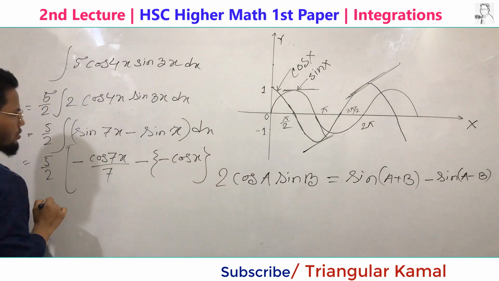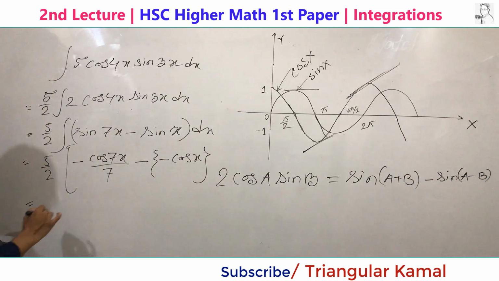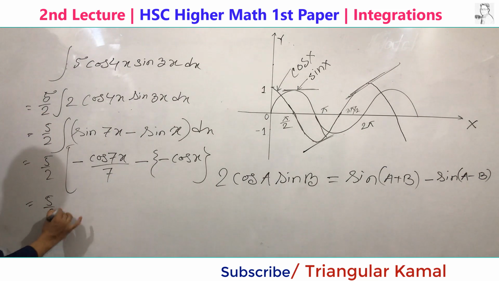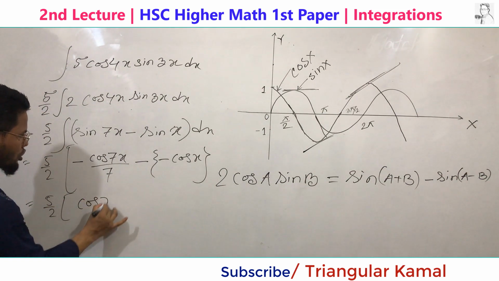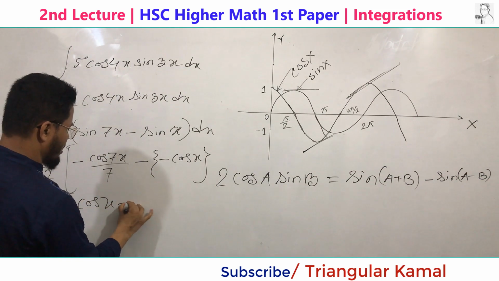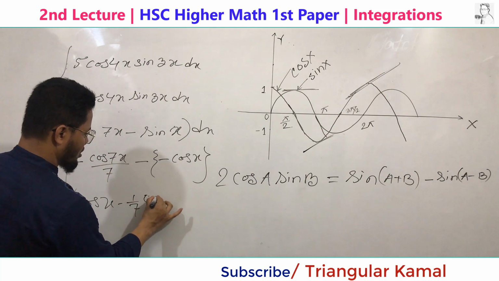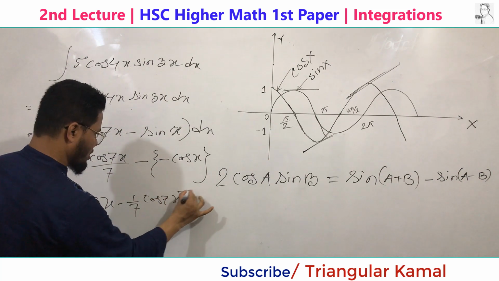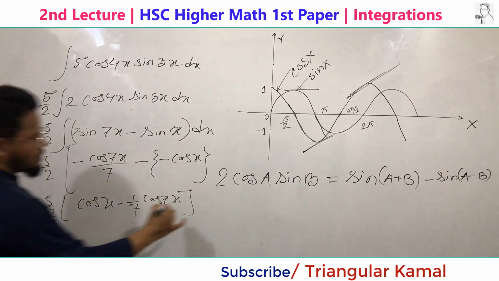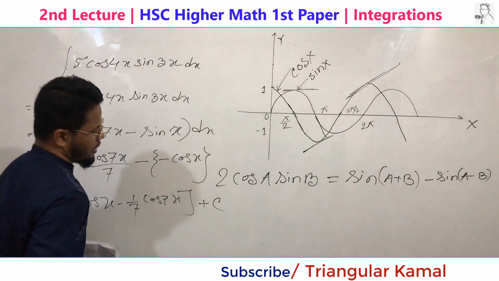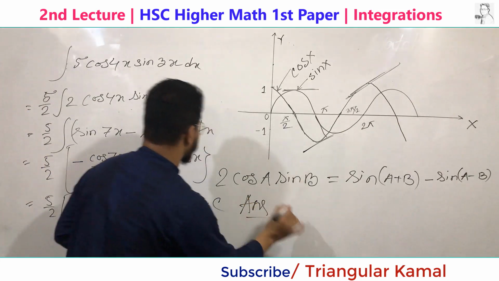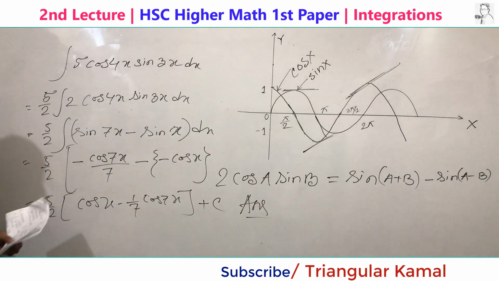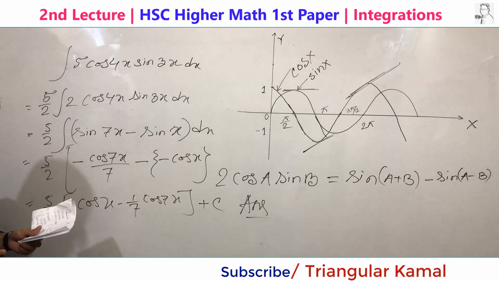Now our final answer will be 5 by 2, the plus 1 cos of x minus 1 by 7 cos of 7x. And just after completing this one, we can add here constant number c. So this is our final answer.